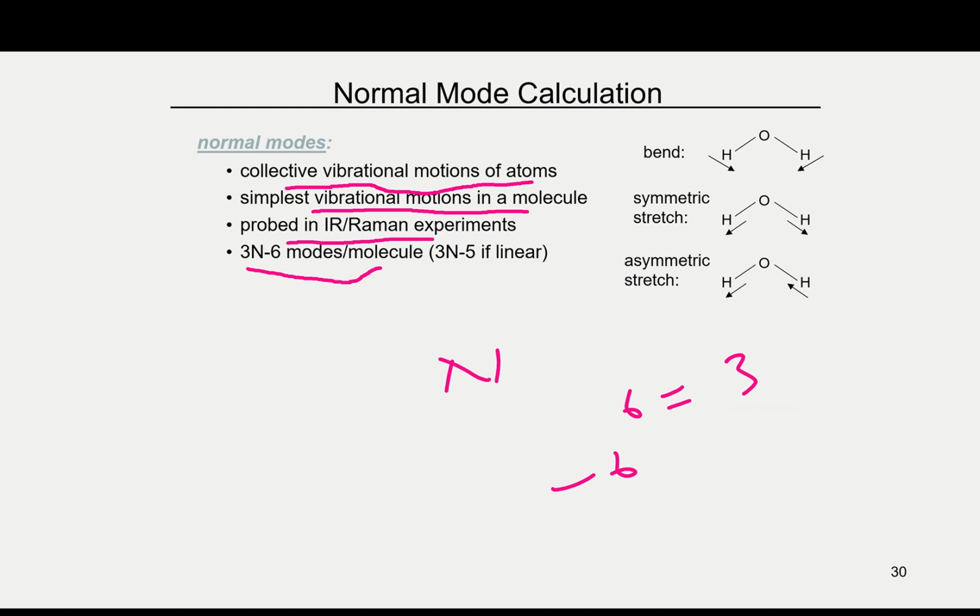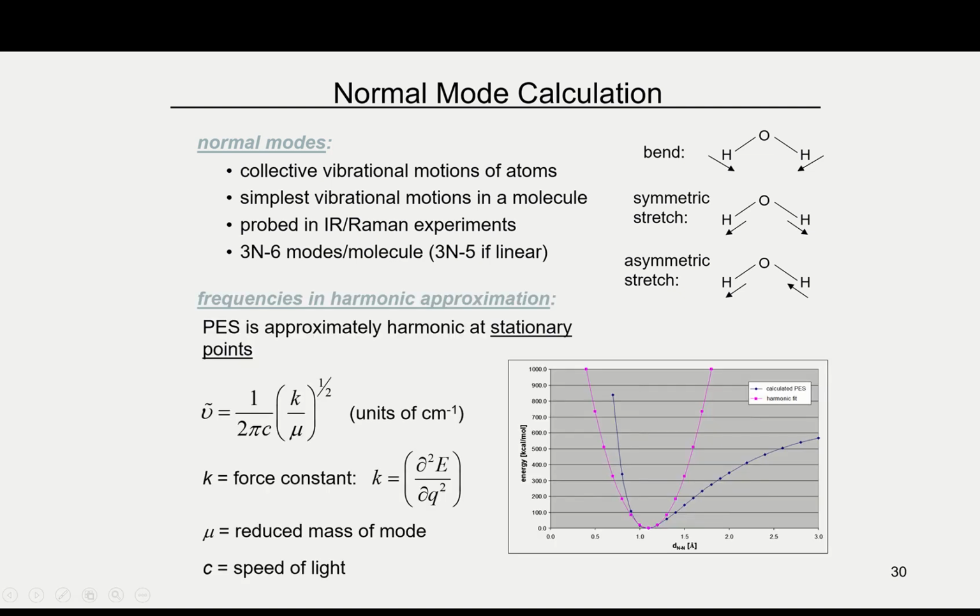degrees of freedom. Wait, let me explain all these. In water you can see it does bending, symmetric and asymmetric stretch. It does three of these. So frequencies are in the harmonic approximation. You can see in here this is harmonic, but in reality this is not harmonic. You can see the difference between these two.